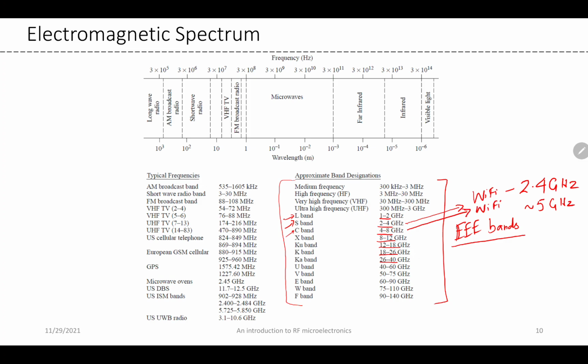So going on in this course, if we are trying to design a certain circuit, we'll try to design it in one of the bands. So you should know and understand what these bands refer to. Or if you see a research paper, you look at the heading of the paper and it mentions an L band or an S band or a C band or a Ku band power amplifier, you should understand what these different bands mean and what are the frequencies they represent.